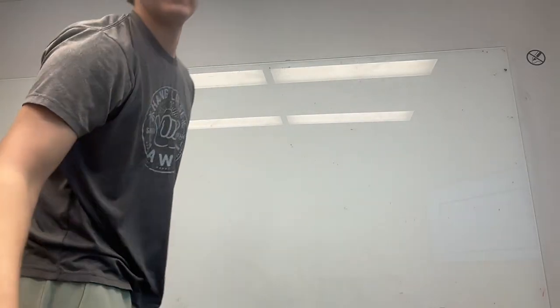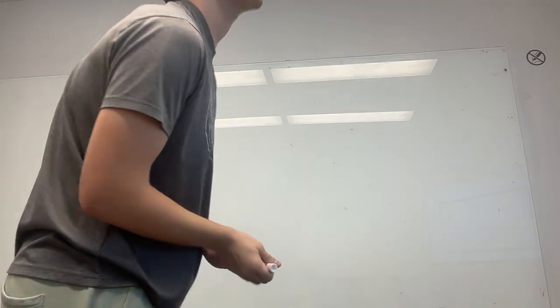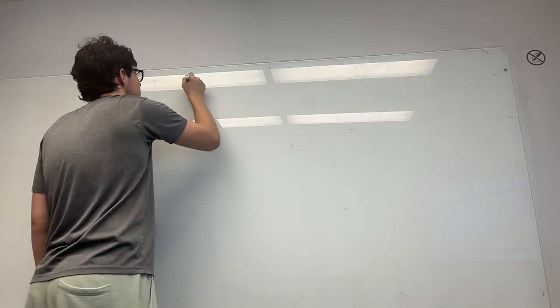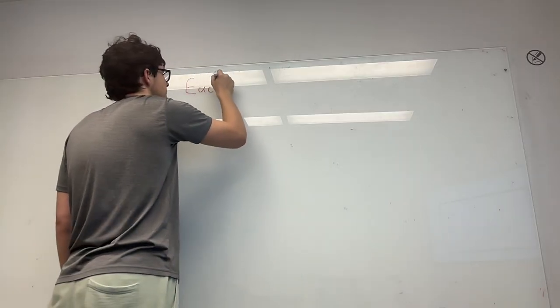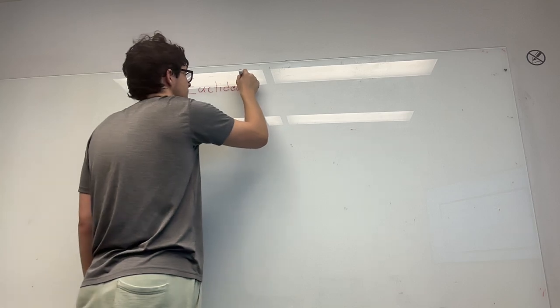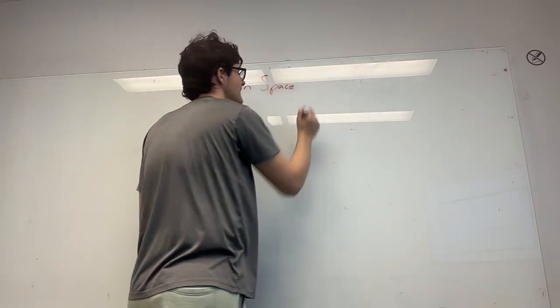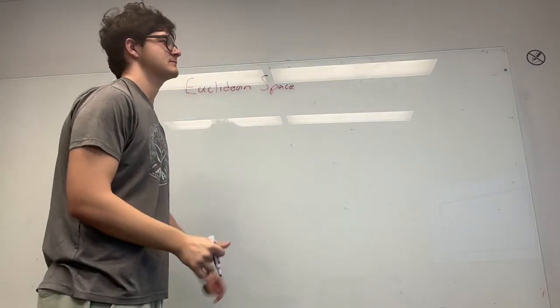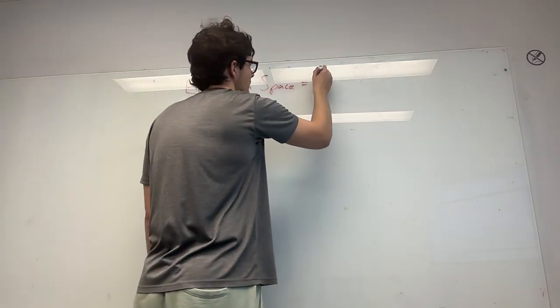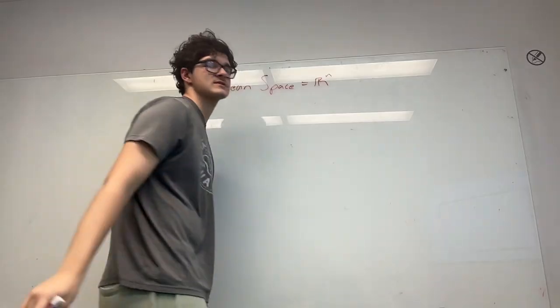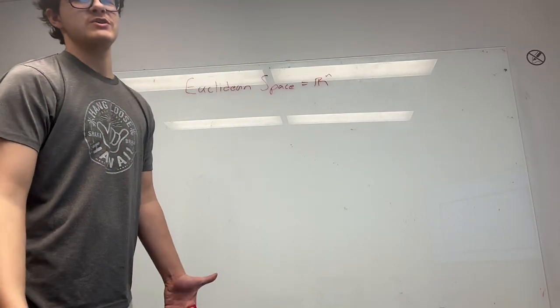Next step is something called Euclidean space, which I don't even know what that means. Actually, I do. All it means is Rn. What is Rn? It's just the dimension we're working with.